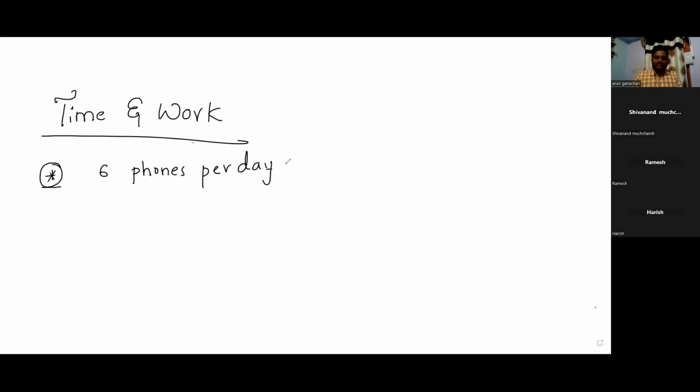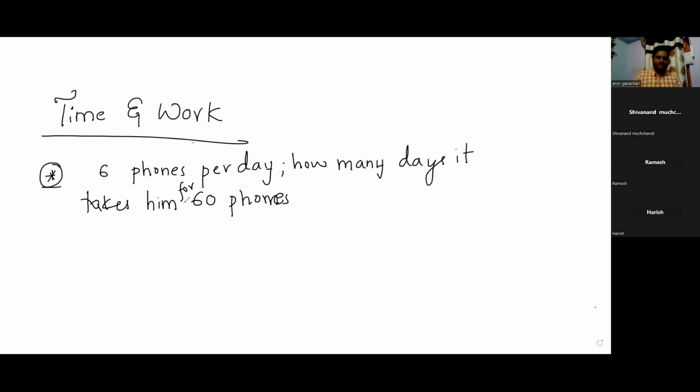How many days does it take for him to build 60 phones? If a person is building 6 phones in one day, to build 60 phones, how many days are required? 10 days. Yes or no?